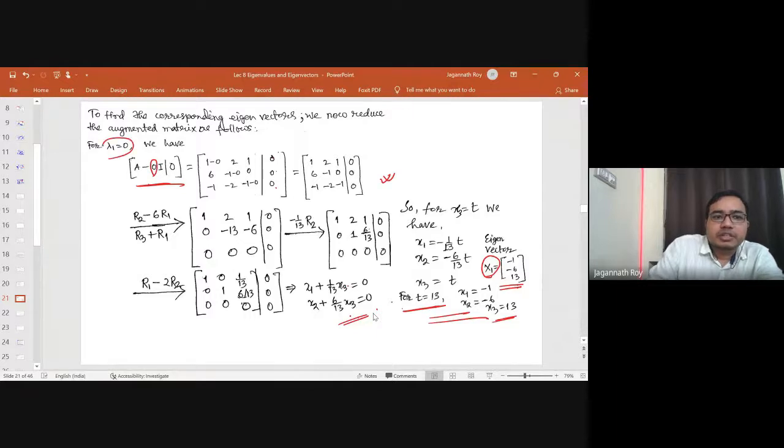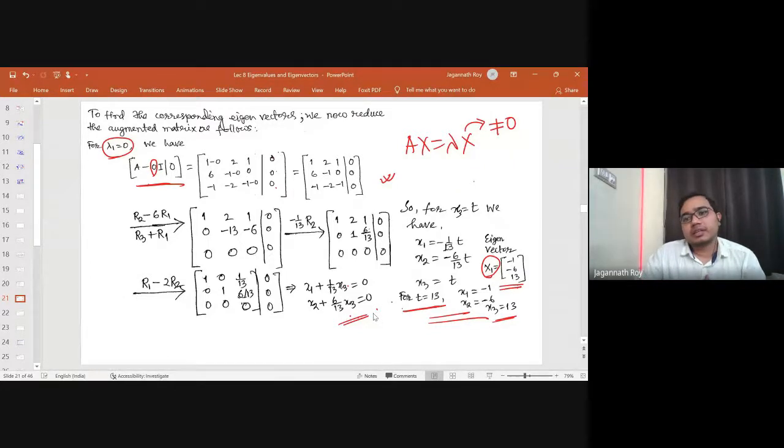So 0 can also be an eigenvalue because we have said Ax equals lambda x. Here we are not saying whether lambda is 0 or non-zero, but the vector should be non-zero. The 0 vector cannot be an eigenvector. So make a note, but lambda can be 0 also.